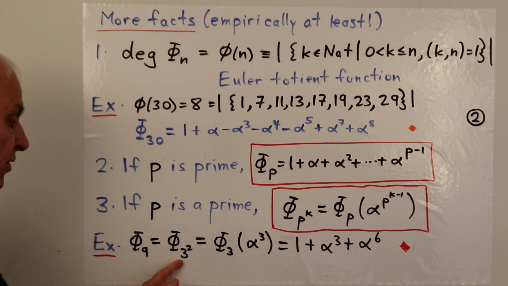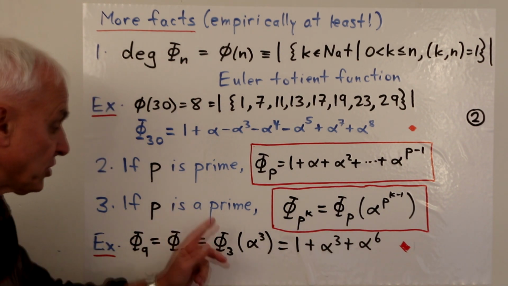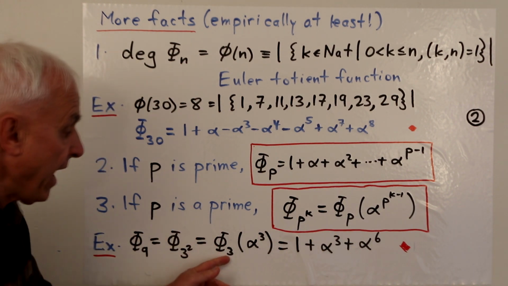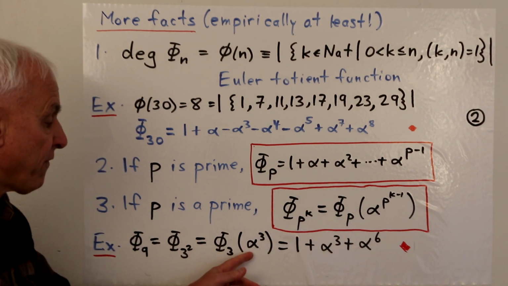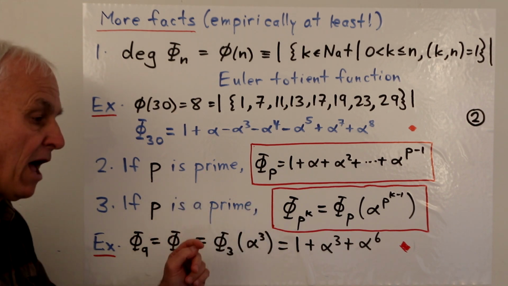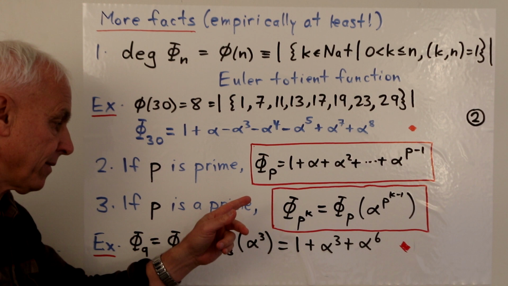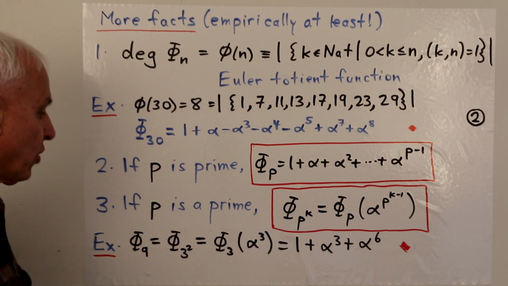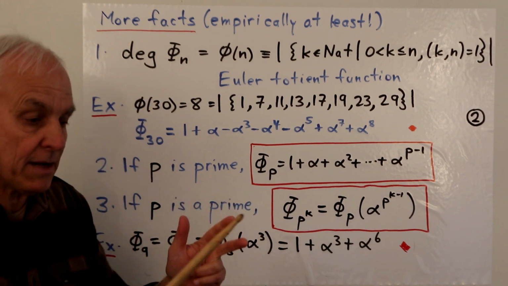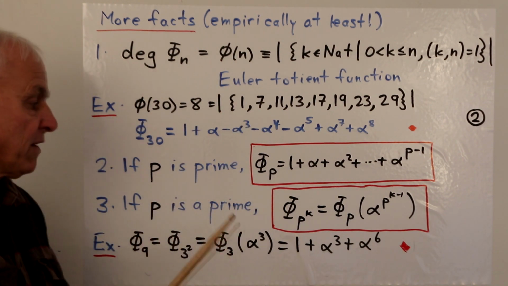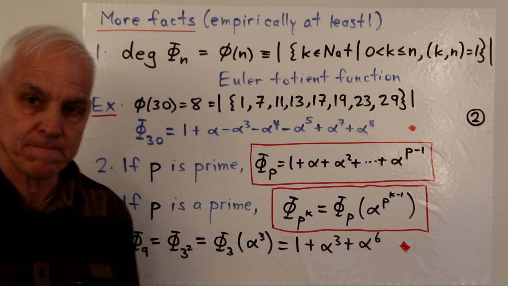Well, 9 is equal to 3 squared. 3 is a prime. So this rule is telling us that we should take phi sub 3 and evaluate it not at alpha to the 3 squared, but alpha to the 3 to the 1, namely alpha cubed. So we take phi sub 3, which is 1 plus alpha squared, and we substitute alpha cubed in for alpha, and we get 1 plus alpha cubed plus alpha to the 6.